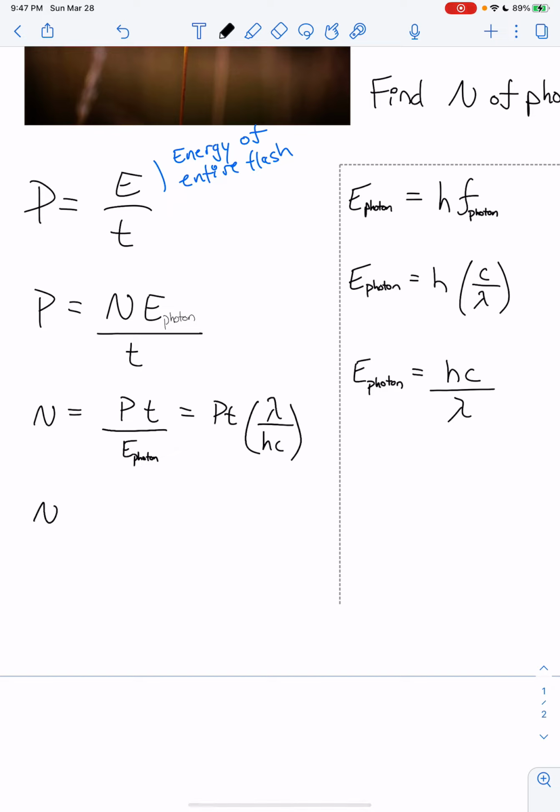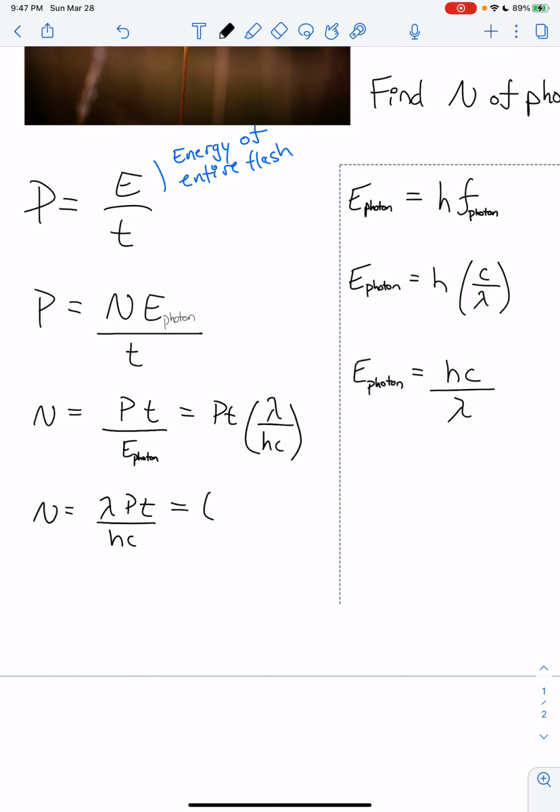All right, so now we're going to just simplify and substitute in. So the number of photons is going to be lambda P T divided by hc.